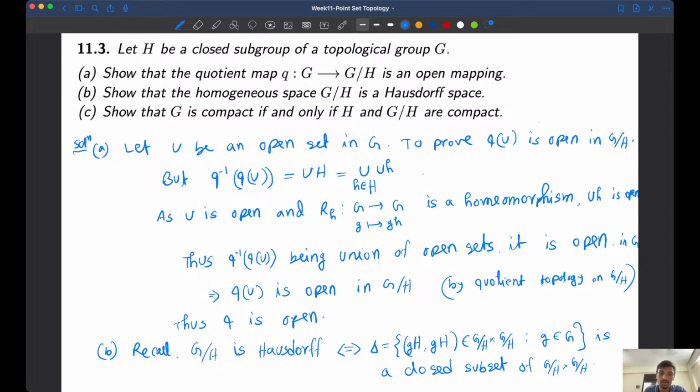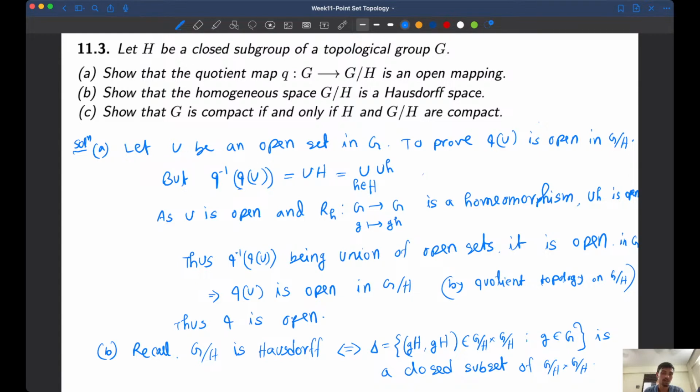Conversely, if you assume delta is a closed subset, that means delta complement is open. If you pick two distinct elements that give a point of delta complement, then since delta complement is open, you have some basic neighborhood containing that point and contained inside delta complement. That means you have neighborhoods around each of those points which do not intersect, because the product is contained inside delta complement.